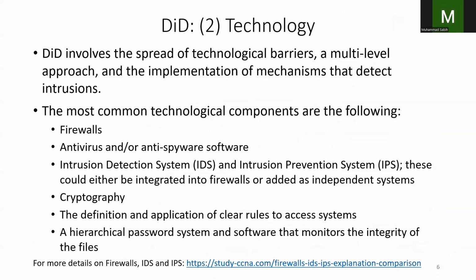Now let's move to the second pillar, which is the technology. Whenever it comes to cybersecurity, this is the first thing that we think of. But in the DID approach, the technology comes second. Technology is one of the layers. It focuses on setting up the multi-level approach in the broader perspective, and its mechanism is simple.